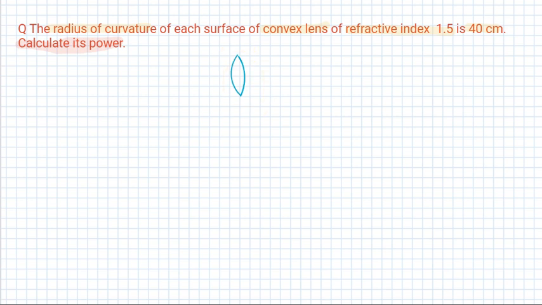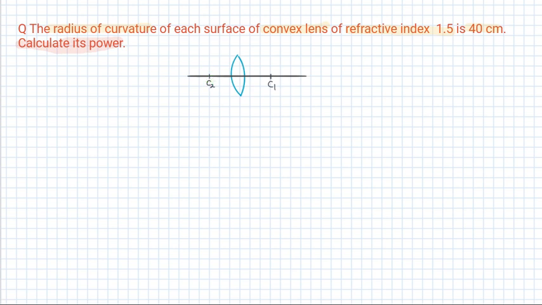This convex lens has a principal axis which passes through the center. Now this is the first refracting surface of your convex lens. For this first refracting surface, let us consider this point as the center of curvature, C1. Now this is your second refracting surface. For the second surface, let us consider this point as the center of curvature, C2.